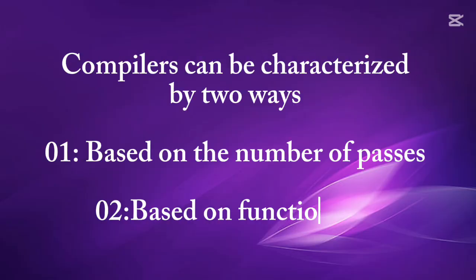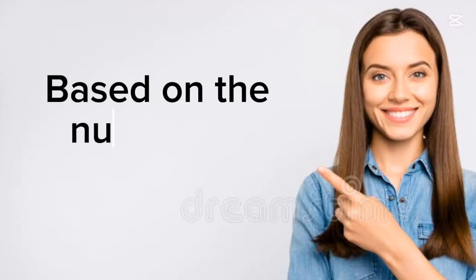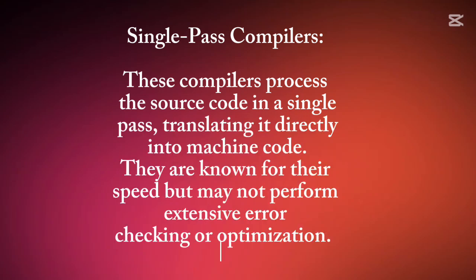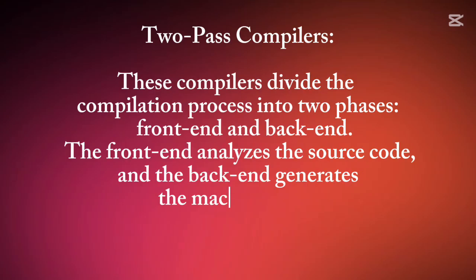Compilers can be characterized in two ways: based on the number of passes, and based on functionality. First, let's discuss the compilers based on the number of passes. Single-pass compilers. These compilers process the source code in a single pass, translating it directly into machine code. They are known for their speed but may not perform extensive error checking or optimization. Two-pass compilers.